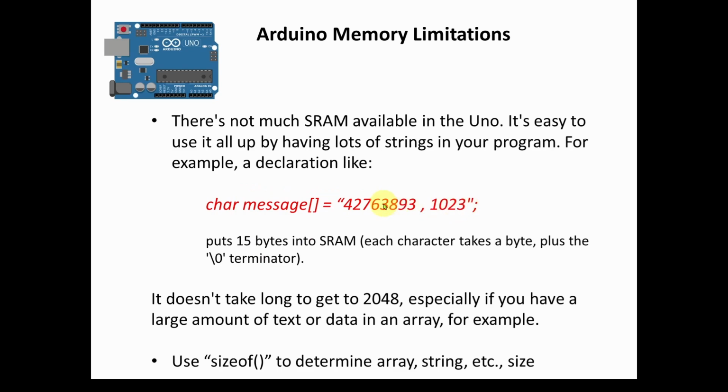This message, this array of characters, puts about 15 bytes into SRAM. Why is that? Well, each one of these characters takes 1 byte, and there's a terminator. So if you add all this together, it's something like 15 bytes for each line, each string, or each character array. So this is going to represent 1 sample.